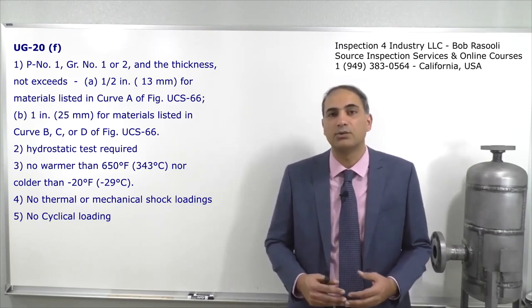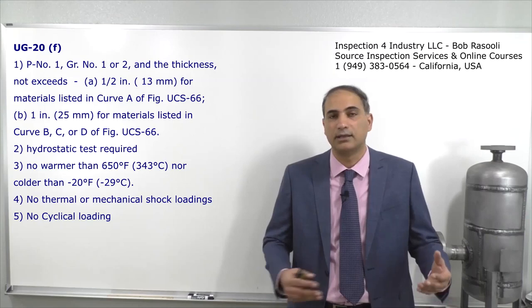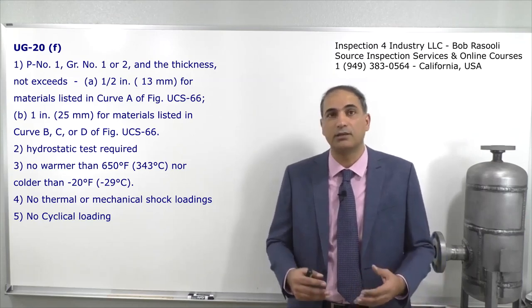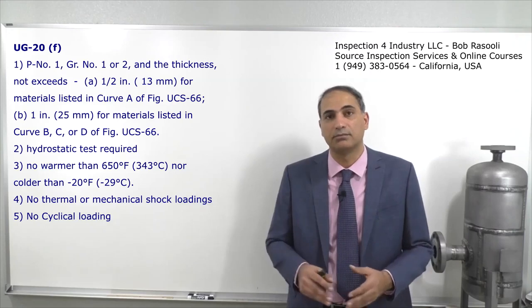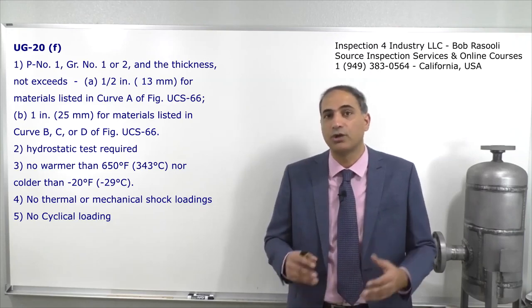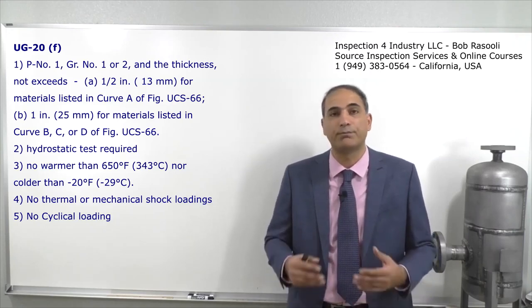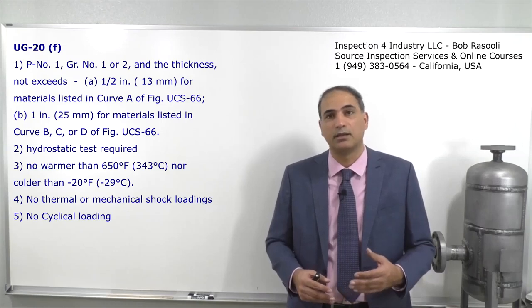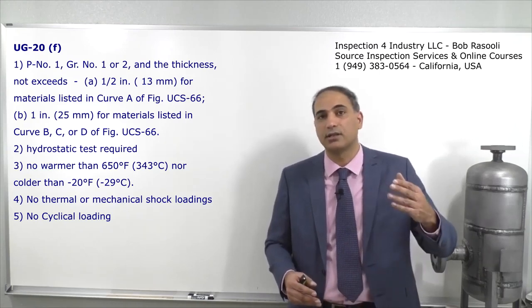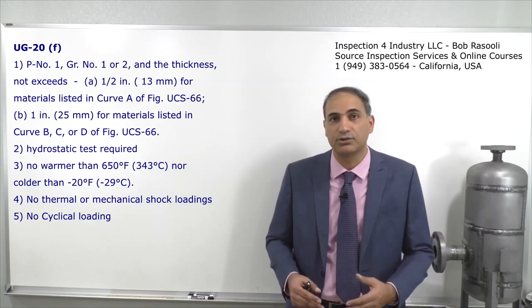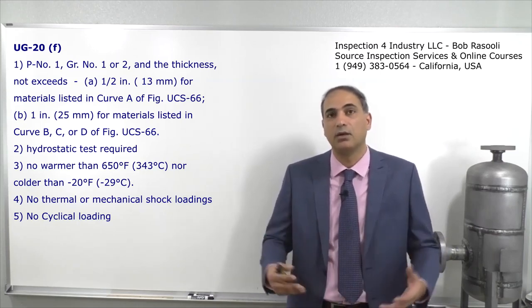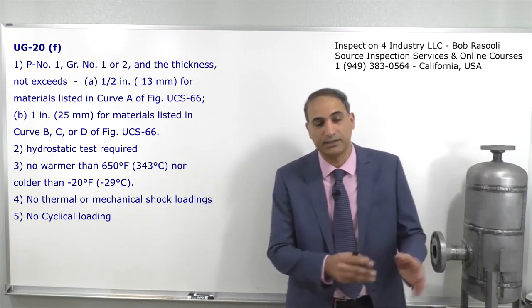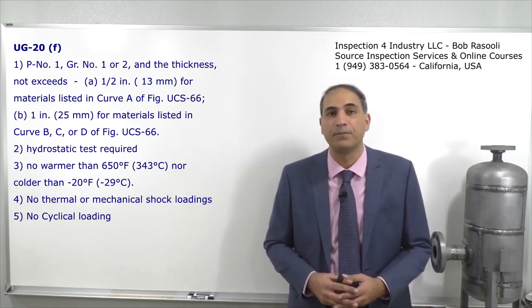The last one is no cyclic loading. Cyclic loading is a regular, time-based fluctuation of the temperature or pressure. For example, in minutes it goes to 600 degrees Fahrenheit and then comes down to 400 degrees Fahrenheit. It's a very regular loading that is considered in the design of the pressure vessel.